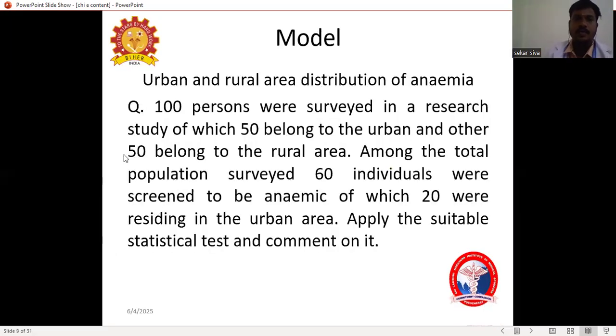Here, 100 persons were surveyed in a research study, of which 50 belong to the urban and the other 50 belong to the rural area. So overall, 100 members are enrolled for the survey.